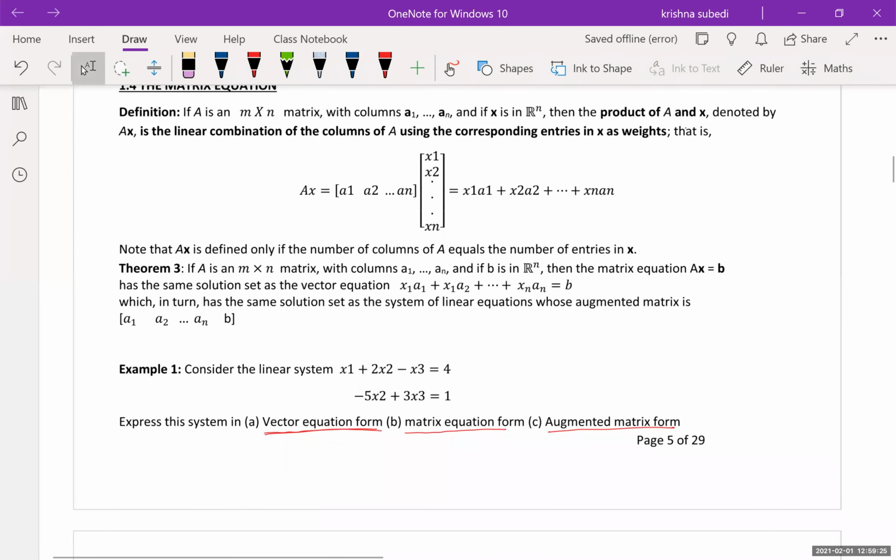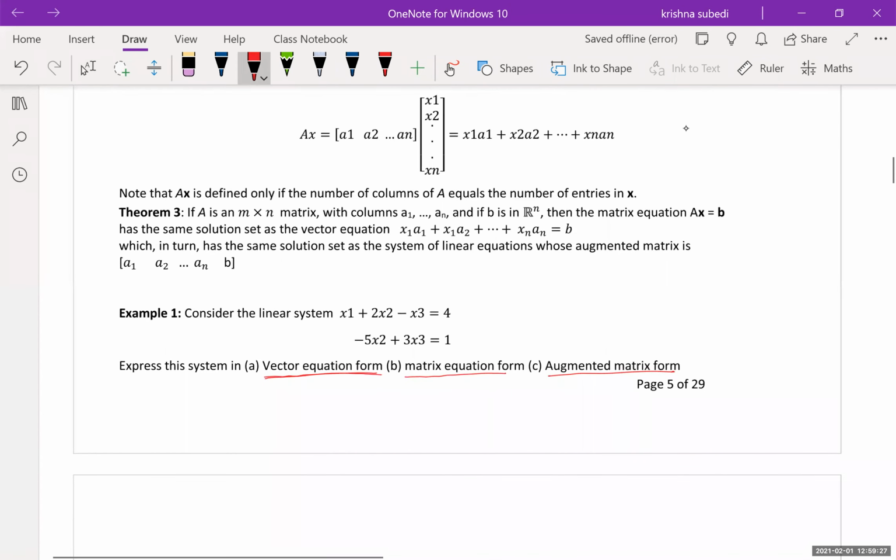All right. So, for example, example 1, consider the system. Now, how do we write this given system in vector equation form? What does that vector equation form actually mean? Okay, let us see this.